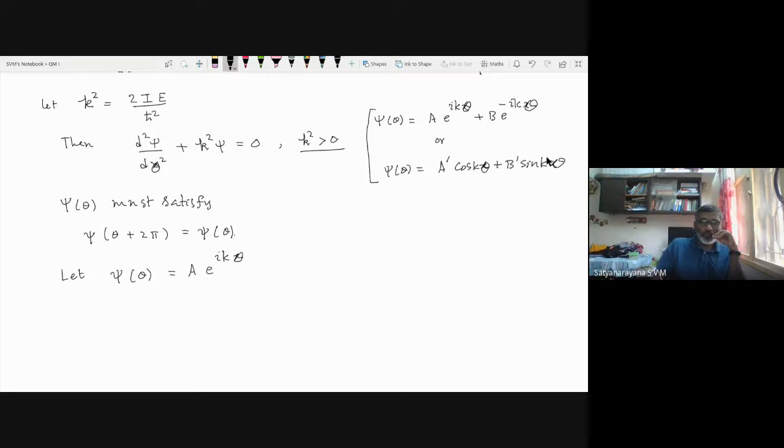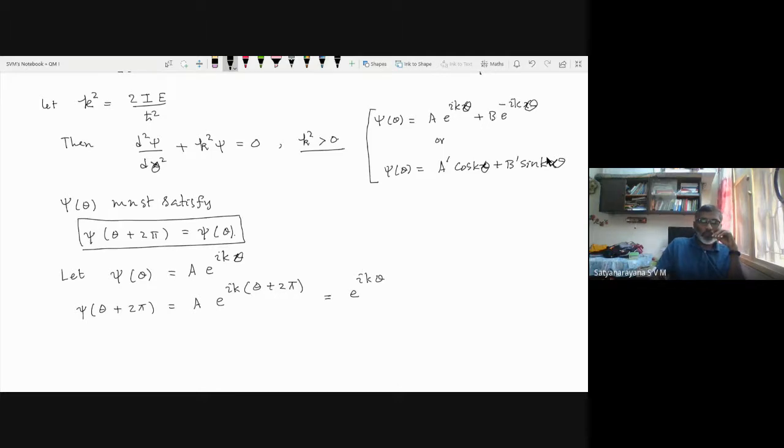So let us just look at this one. Then you have psi of theta plus 2 pi equal to a e to the power ik into theta plus 2 pi, and this has to be equal to a e to the power ik theta. That is the requirement of this boundary condition.